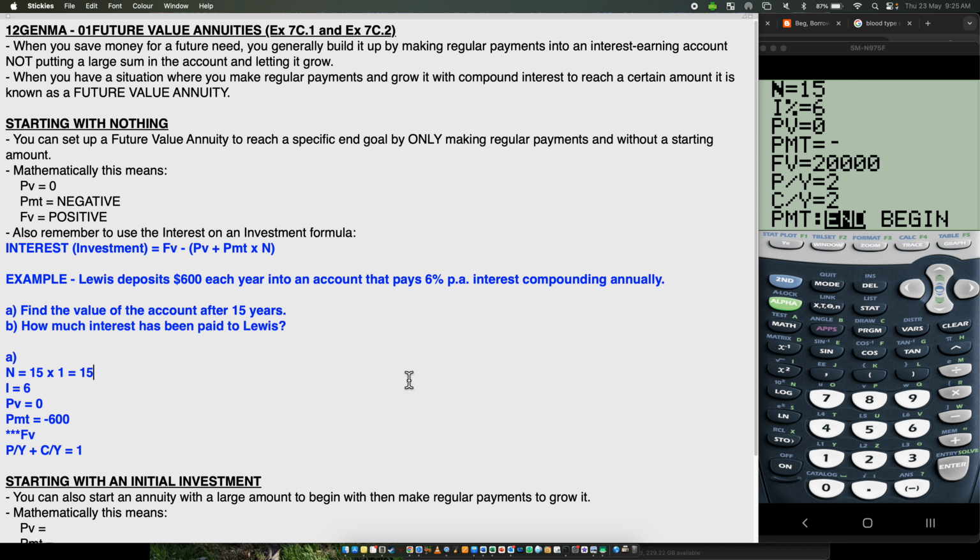Negative is the little bracketed negative at the bottom. Negative 600. FV is what I'm solving for. PY and CY are both 1. Alpha, enter. That tells me, with this arrangement, I'm going to have $13,965.58 to 2 decimal points.